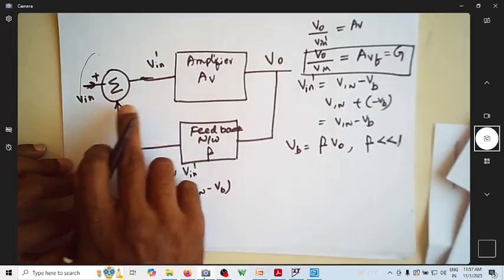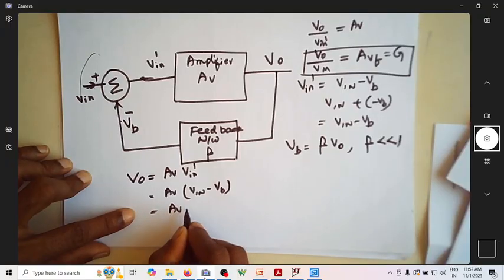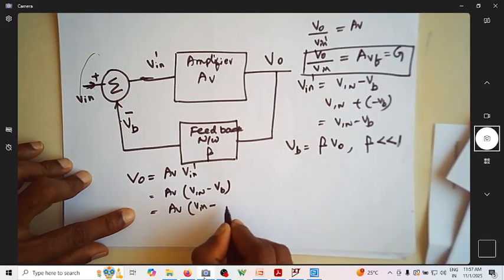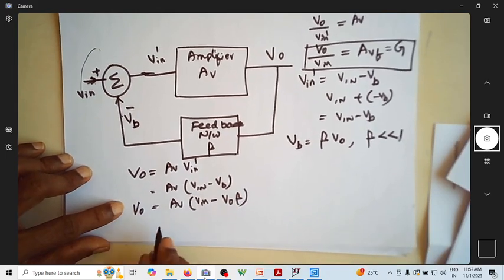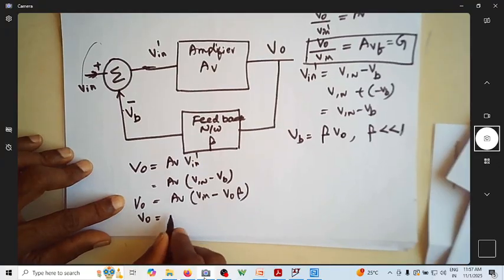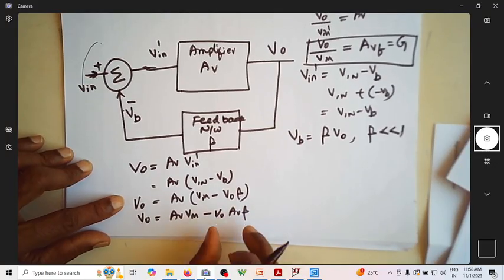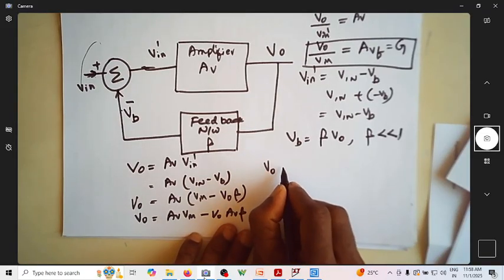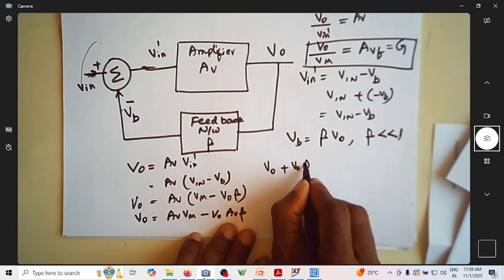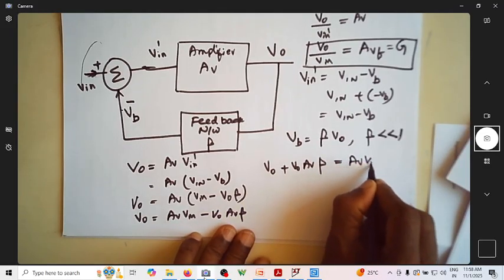But what is this VB? This is V0 into beta. So I can write V0 is equal to AV V in minus V0 AV beta. I can put this entire AV beta V0 term onto this side. Can you see now, V0 plus V0 AV beta is equal to AV V in?